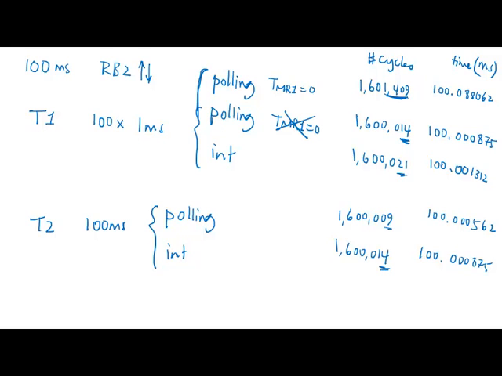At the end of the day, you're going to be off by 14 cycles or 20 cycles in 1.6 million cycles, which is pretty decent.